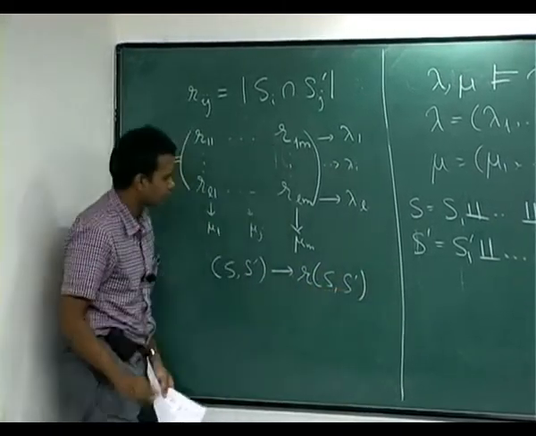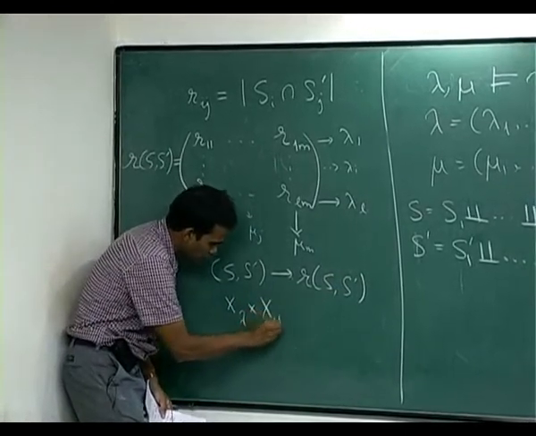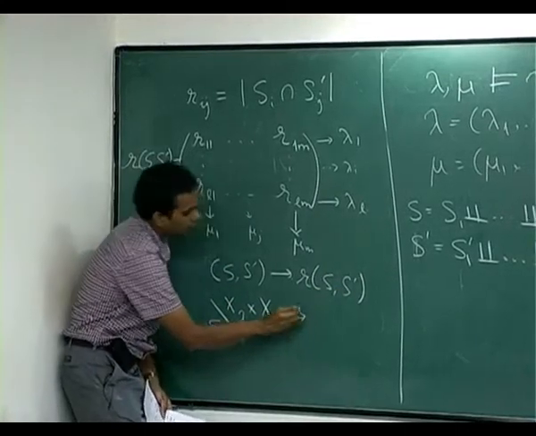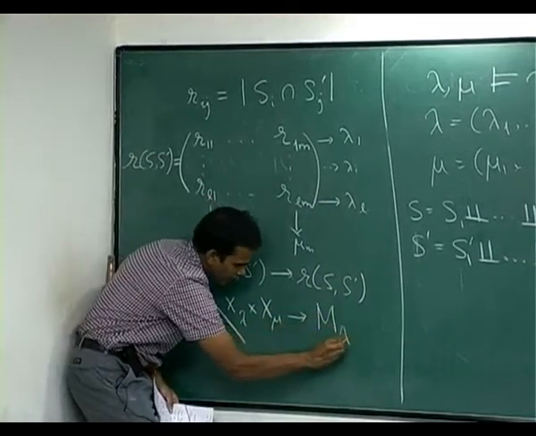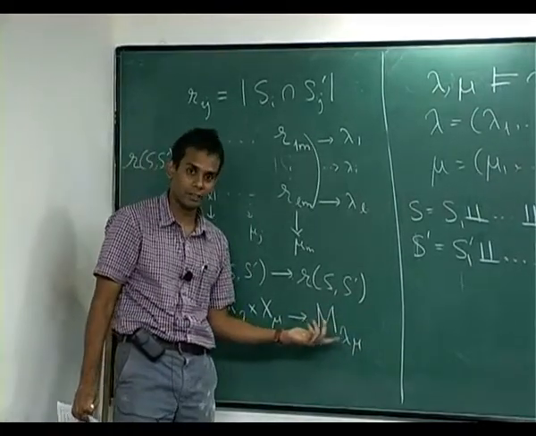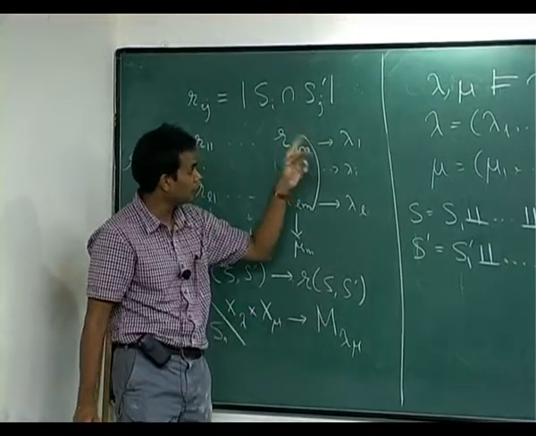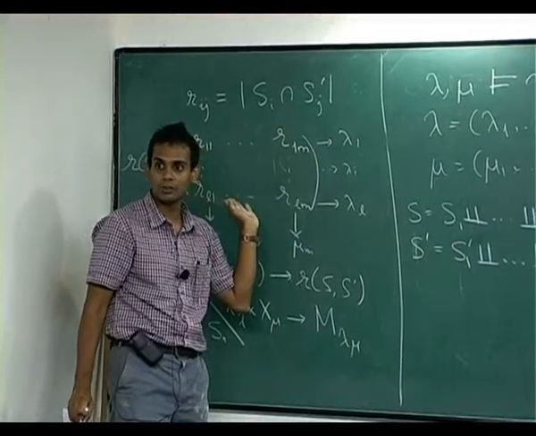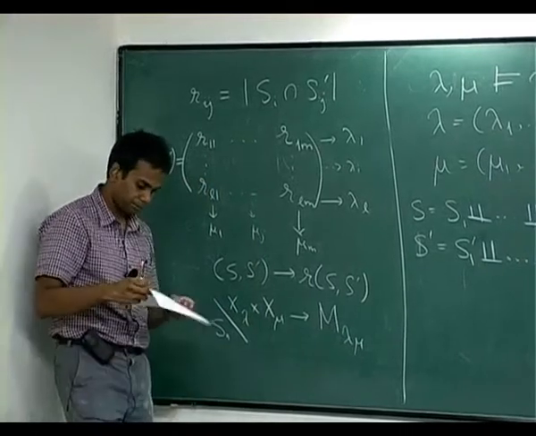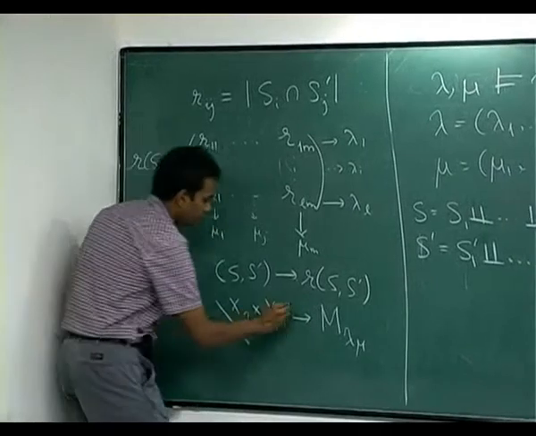This induces a map from X lambda cross X mu mod Sn to M lambda mu, where M lambda mu denotes the set of all matrices with non-negative integer entries whose row sums are lambdas and column sums are mu's. I want to claim that this is a bijection. I'll call this R.